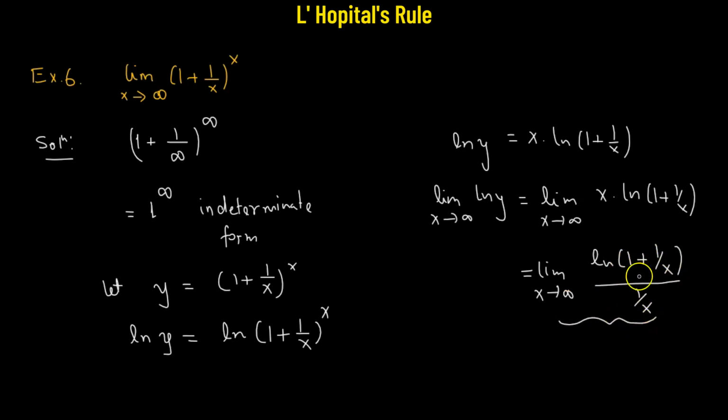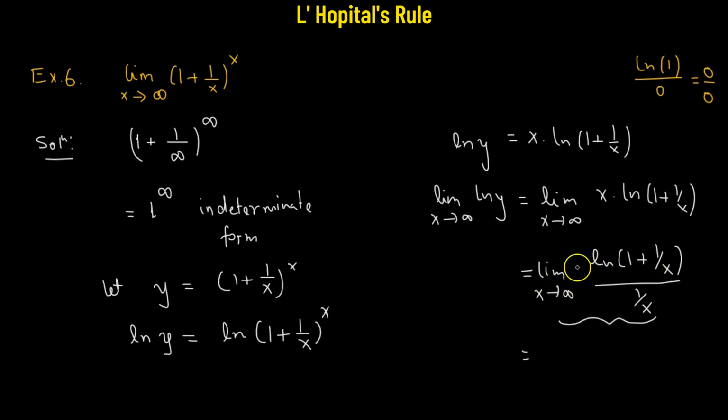Now this is actually a 0 over 0 form. If we substitute x with infinity, in the numerator we will have log of 1, and in the denominator 1 divided by infinity, which is 0. We know the log of 1 is 0. So this is an indeterminate form, 0 over 0.